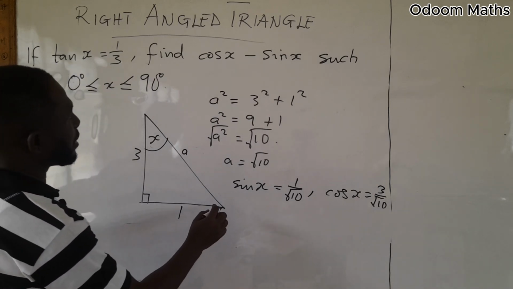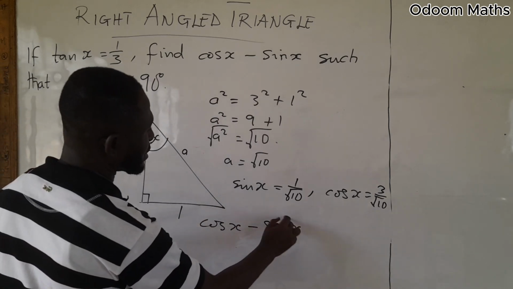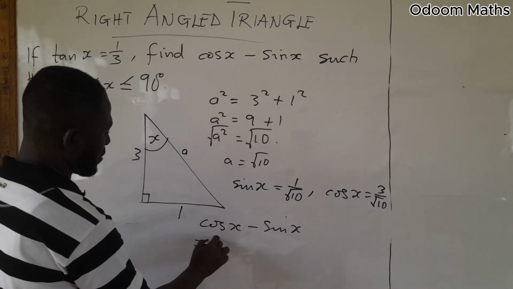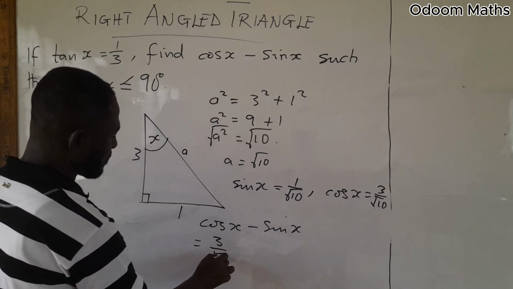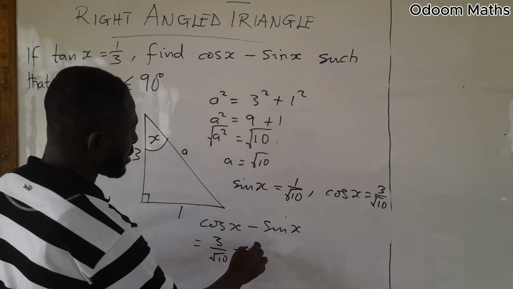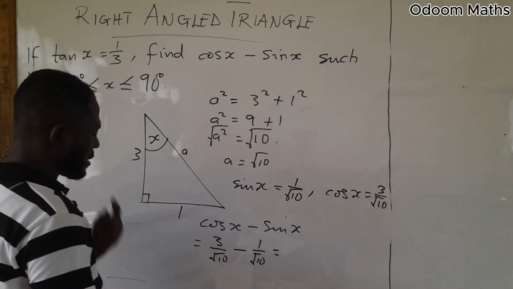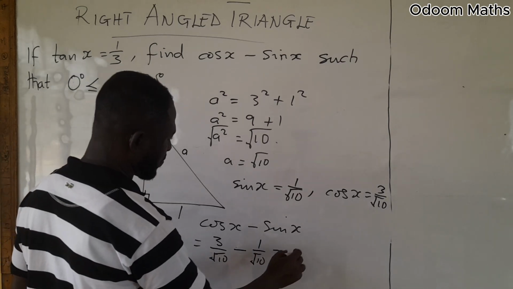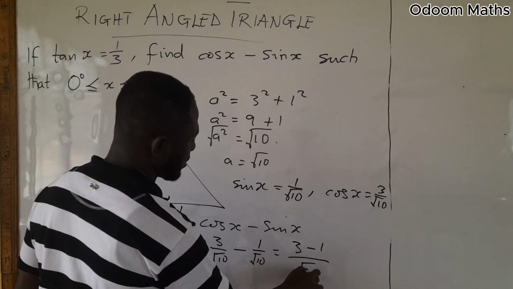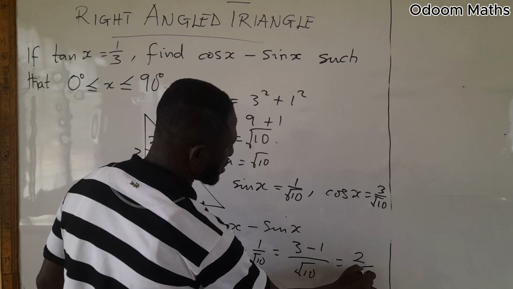So now cos x minus sine x is going to give us 3 over root 10 minus 1 over root 10, which is 3 minus 1 all over root 10, and that becomes 2 over root 10.